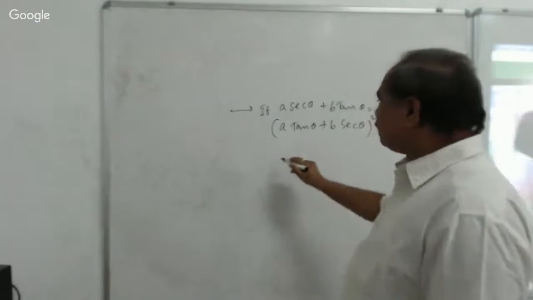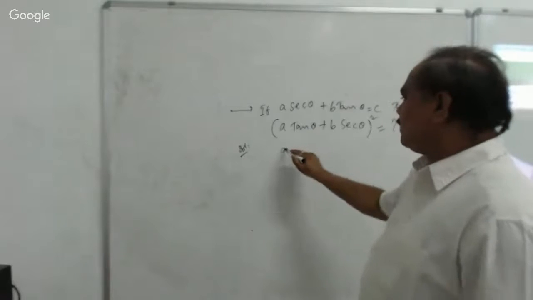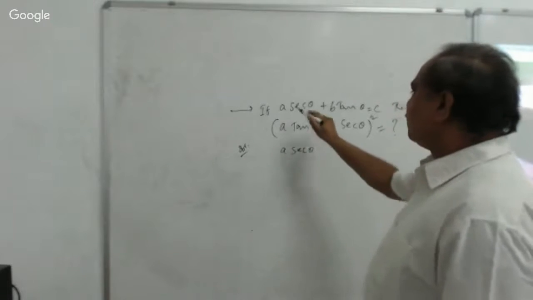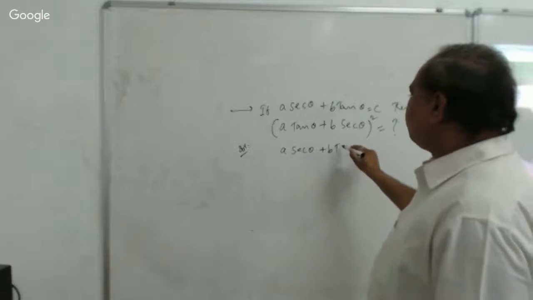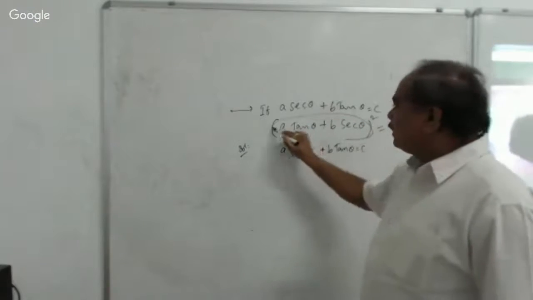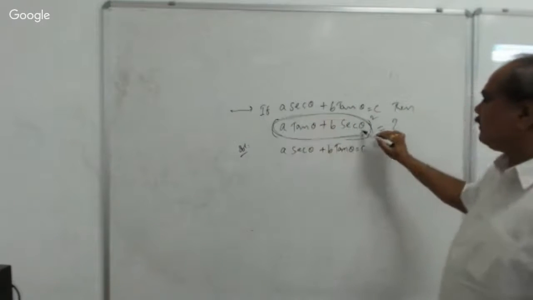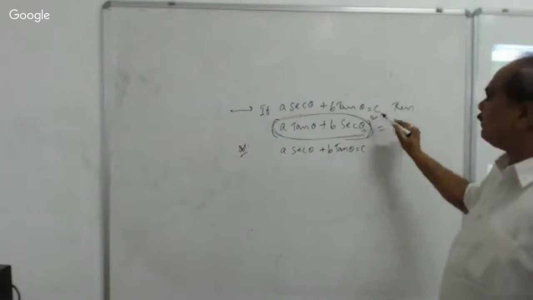Now, first equation: a sec theta plus b tan theta equals c. Second equation, consider only this portion. Later we can square it to get the answer.